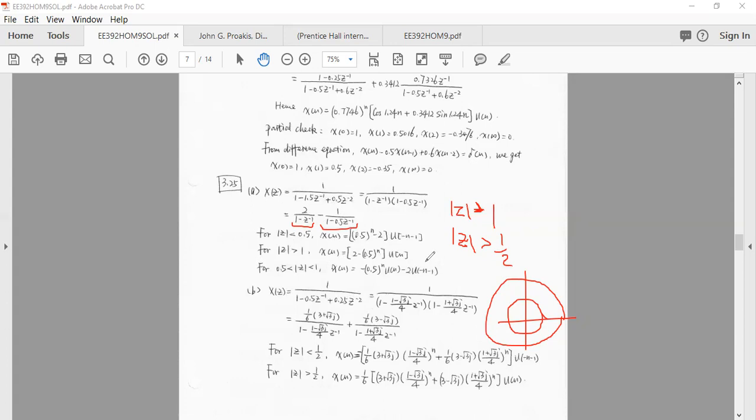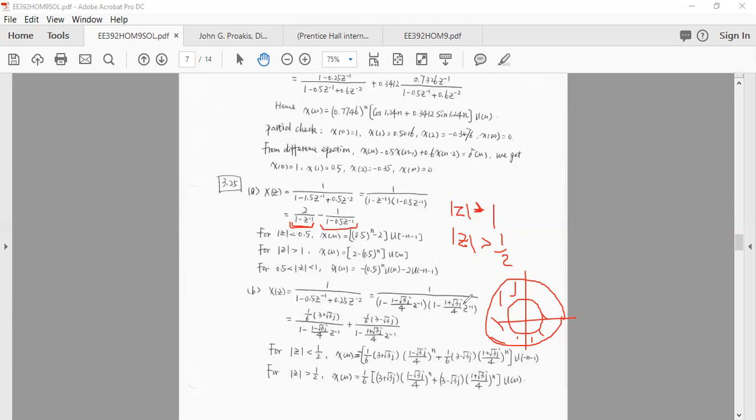Next is, what if the signal falls between these two regions, between these two circles? So it is basically the anti-causal signal of the outer circle term, plus the causal signal of the term whose region of convergence falls on the smaller circle.